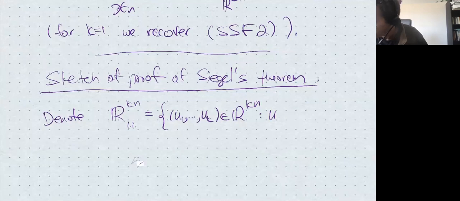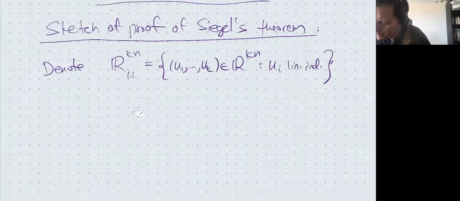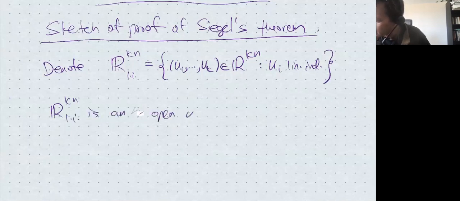Sorry. So this is R^kn LI. This is an open dense subset of R^kn.